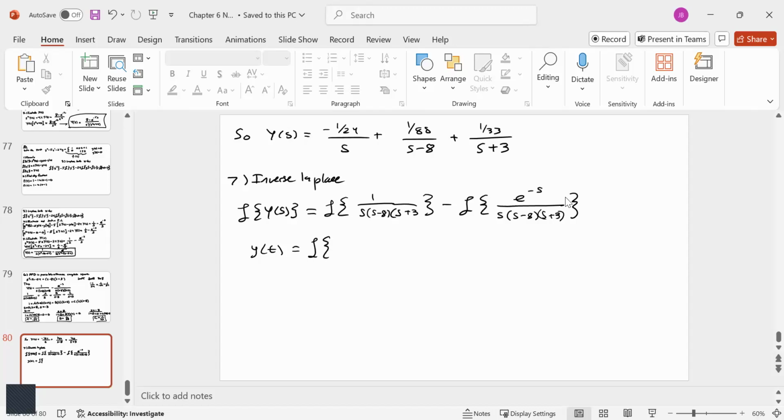If you combine it together into one, you can do that, but I'm just going to do it on the first one. So -1 over 24 plus 1 over 88 over s minus 8, plus 1 over 33 over s plus 3. Not going to touch this one yet because I'm going to use the result from the first one on the second one.